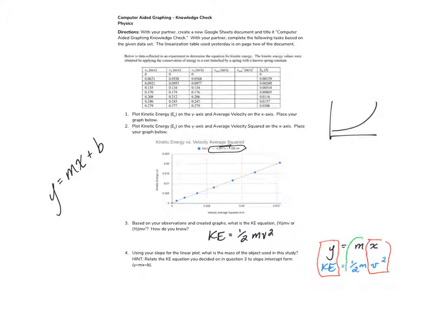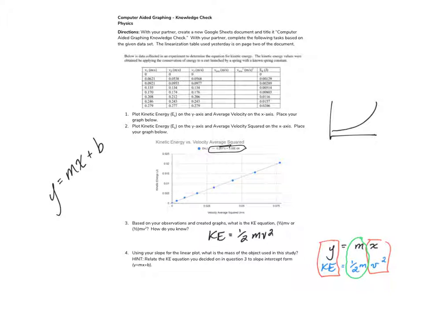Our slope is equal to 1/2 mass. Now, don't get confused here. Remember, in slope-intercept form, this m is the slope. It's not the same as this m. This m is mass. So notice the connection here. Y values line up, x values line up. Whatever's left over, that is what your slope is equal to.